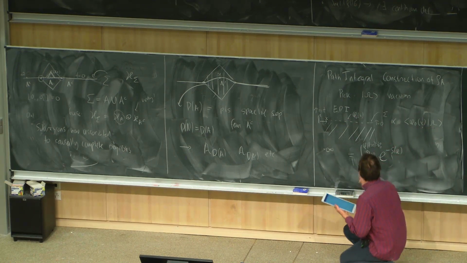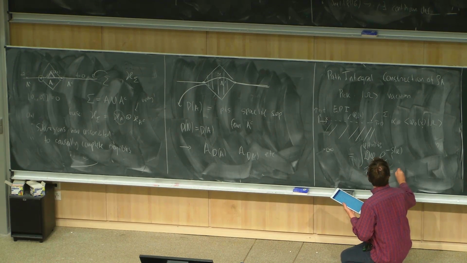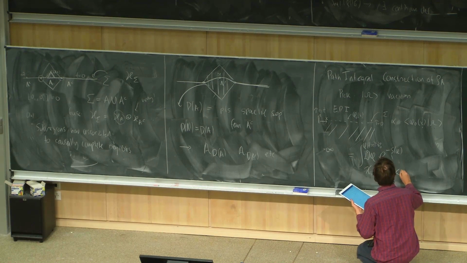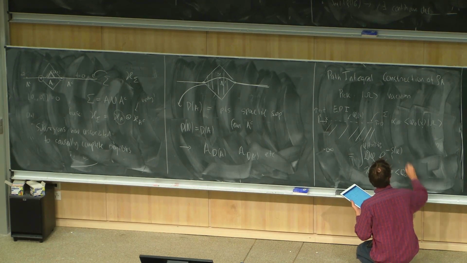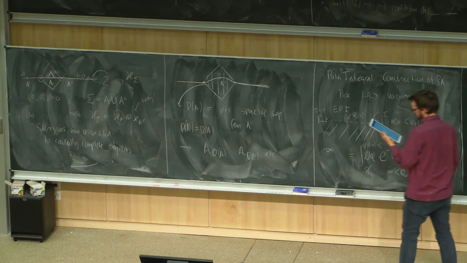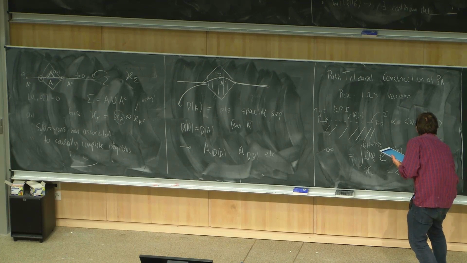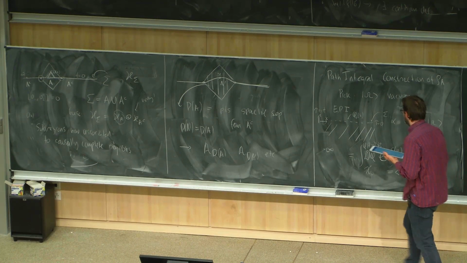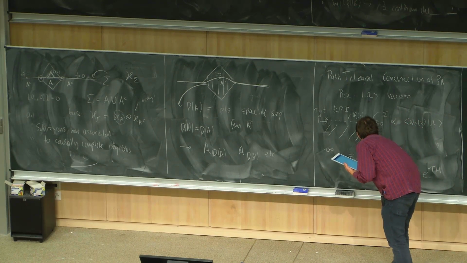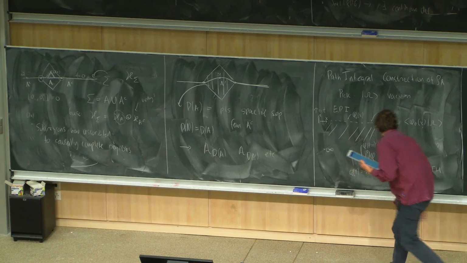If we did specify the boundary conditions, then this would just be the overlap between this field configuration phi 0 of x and the time evolution operator in Euclidean time for some time t acting on my field at minus t.